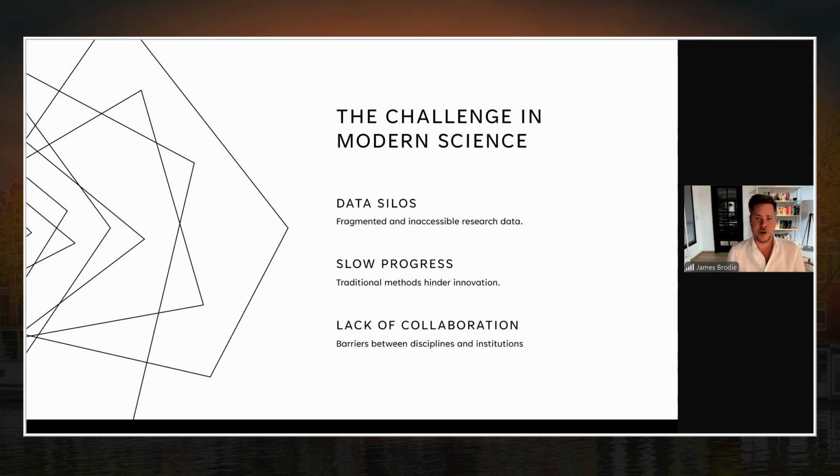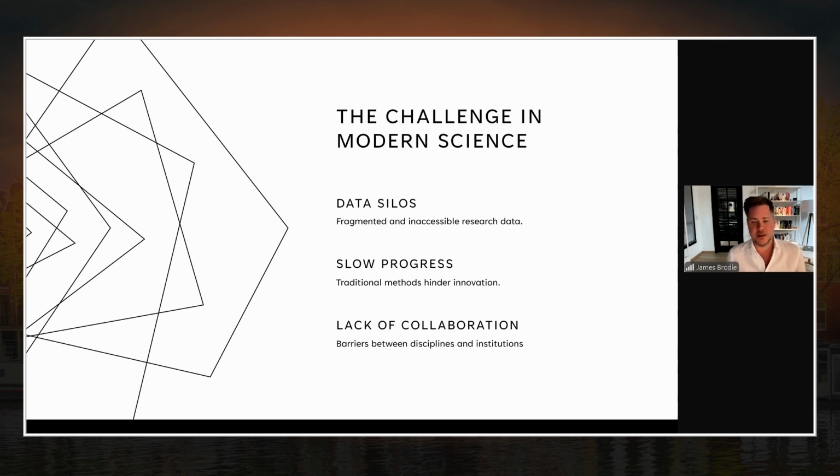Secondly, there's slow progress. When we're talking about publications, the literature takes a while to emerge into the public. These traditional methods of publication with refereeing are really slow, very cumbersome, and actually quite expensive. Unfortunately, they delay the dissemination of knowledge.